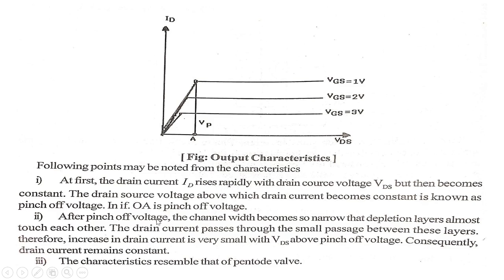After pinch-off voltage, the channel width becomes so narrow that the depletion layers almost touch each other. The drain current passes through the small passage between these layers. Therefore, the increase in drain current is small with VDS, the drain-source voltage, above pinch-off voltage.